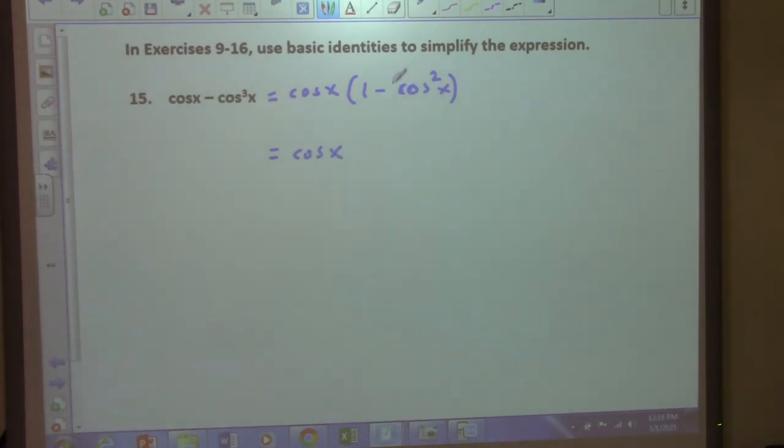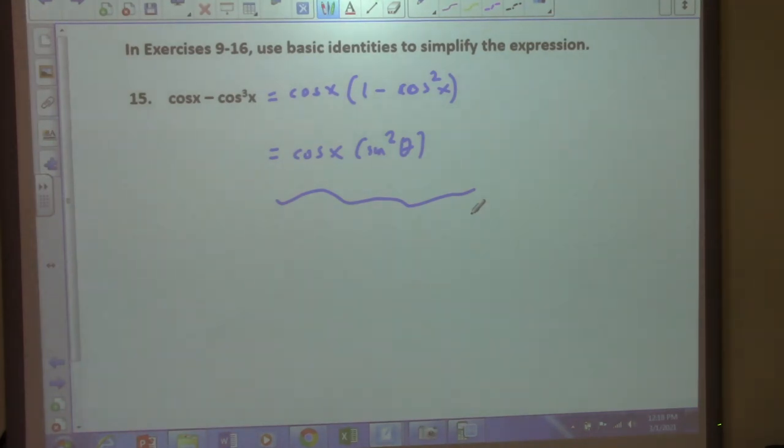What is this the same as? Yeah, so this is going to be the same as sine squared theta. So you've reduced everything in terms of sine and cosine, and I don't see anything you can do to make things simpler than that. Okay? So we'll call that a good exercise there.